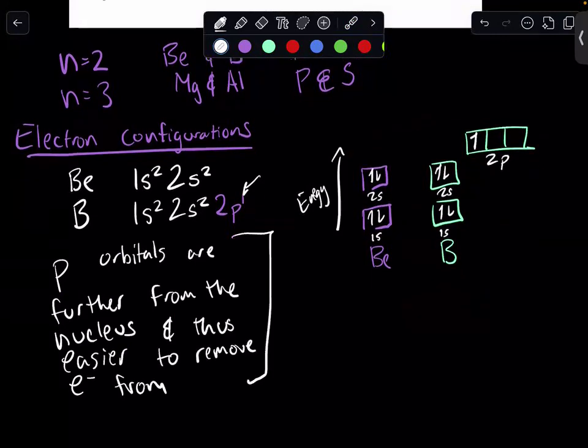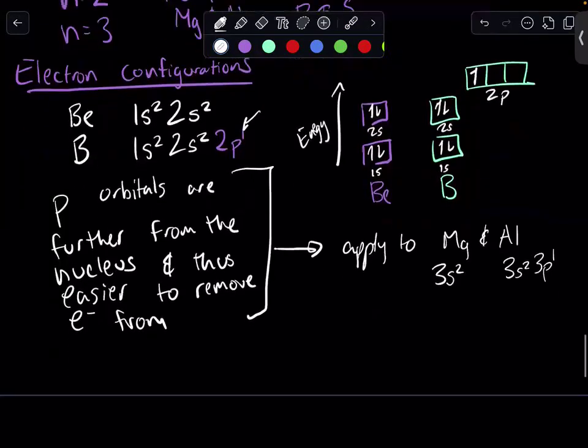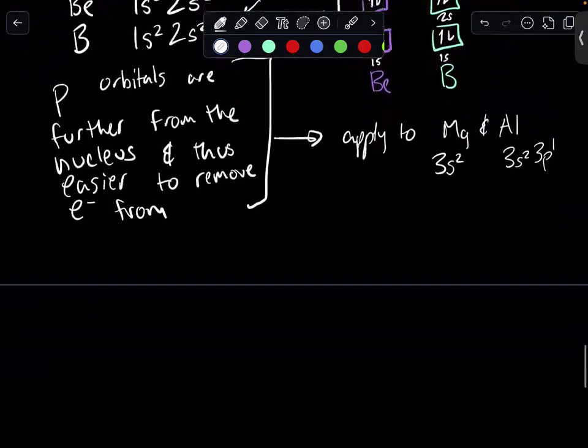We can take this same logic and apply it to magnesium and aluminum. The only difference is magnesium is 3s2 and aluminum is 3s2, 3p1. And so it's going to be the same diagram, but in the n equals 3 main energy level.